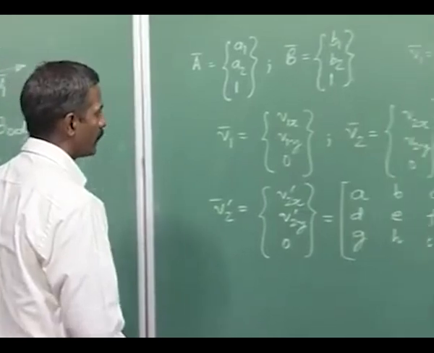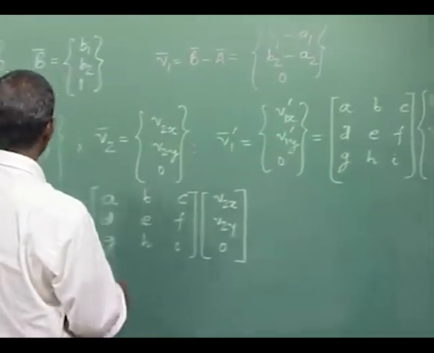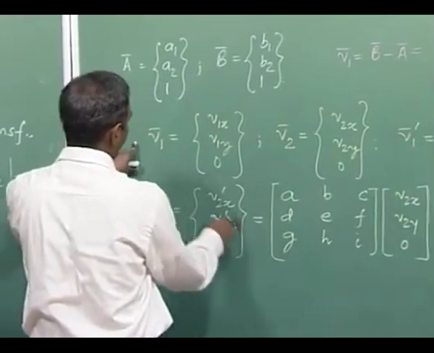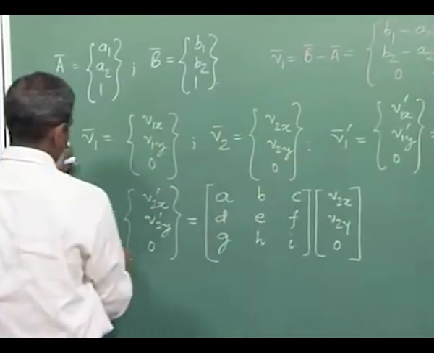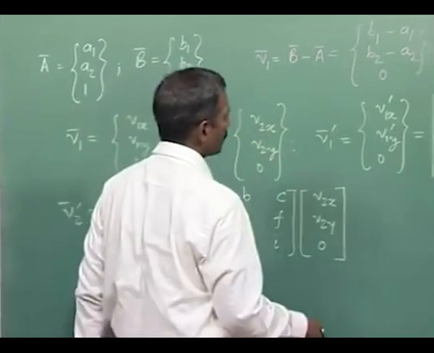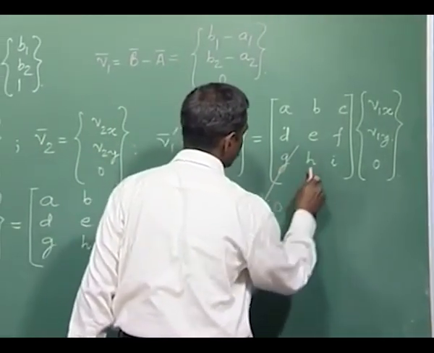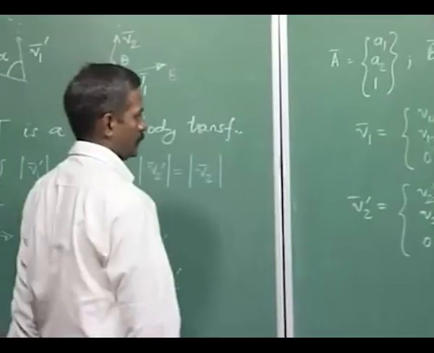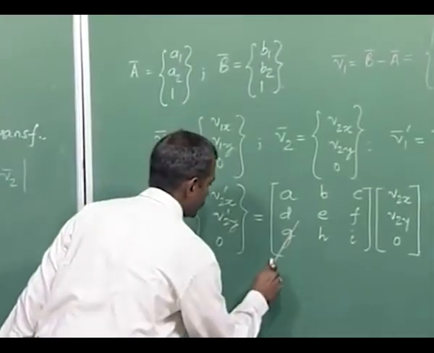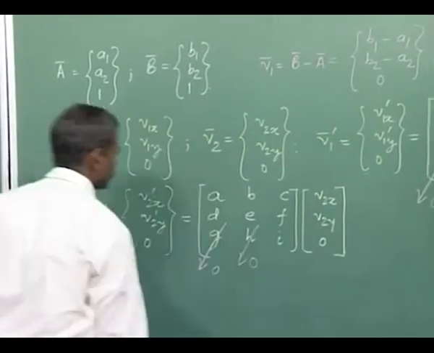You will quickly realize that for these transformations to be valid for any v1, v2, v1 prime, and v2 prime, you will have to have the values of g as 0 and the value of h as 0. Here again, g would be 0 and h would be 0.